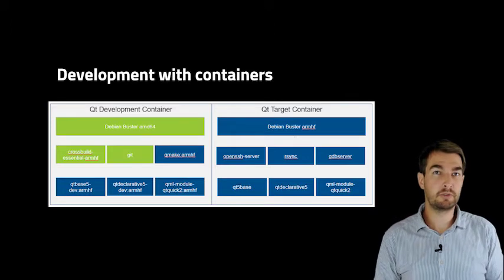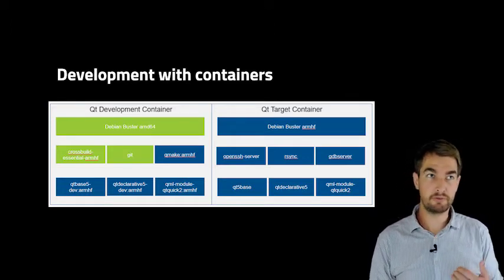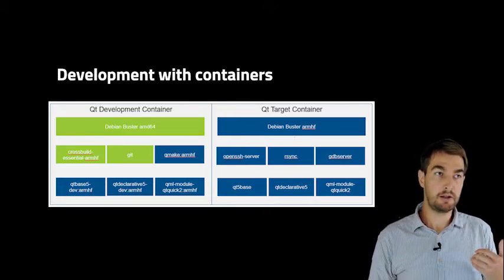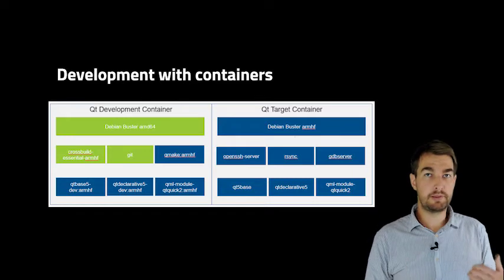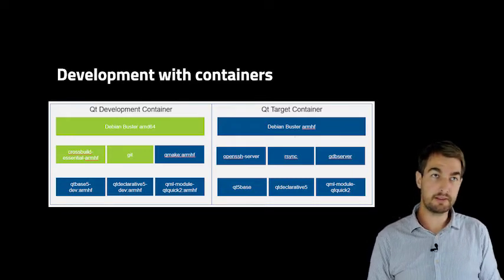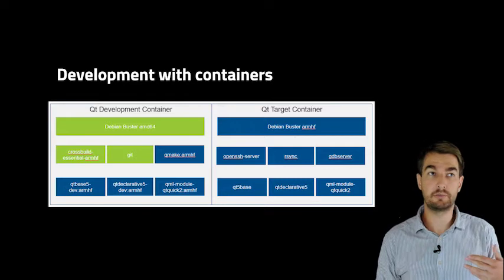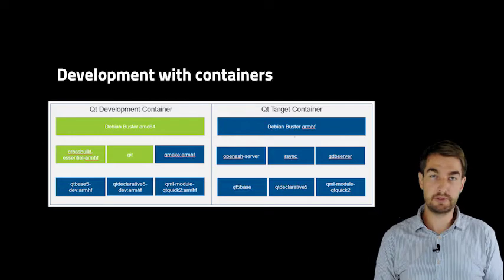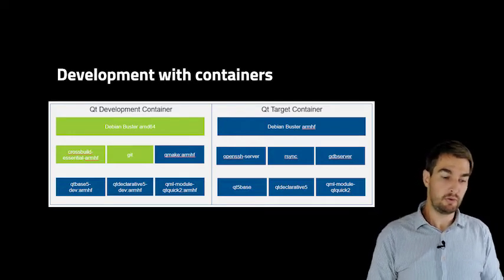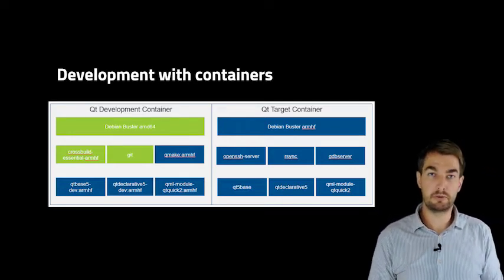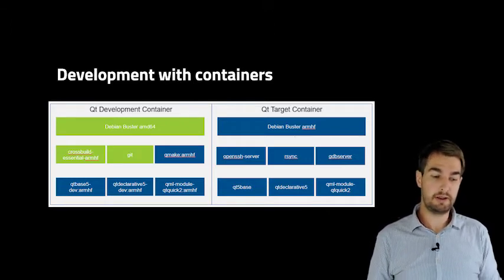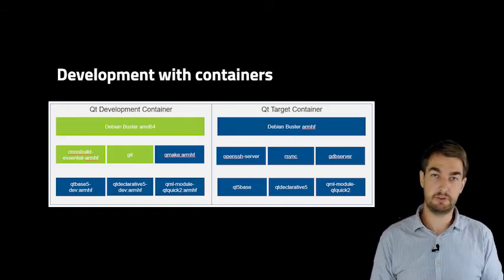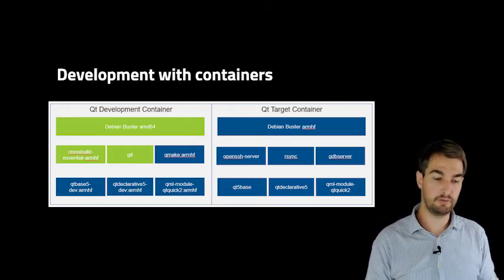However, the nice thing about newer distributions is if you just want to execute an ARM binary, the kernel will automatically detect that and then launch it with QEMU support, so it will emulate that binary. That's possible thanks to binfmt. On the target, you just install your Qt package, Qt libraries, and then for debugging as well, OpenSSH server, rsync, and GDB server. But that will all run natively on ARMHF.